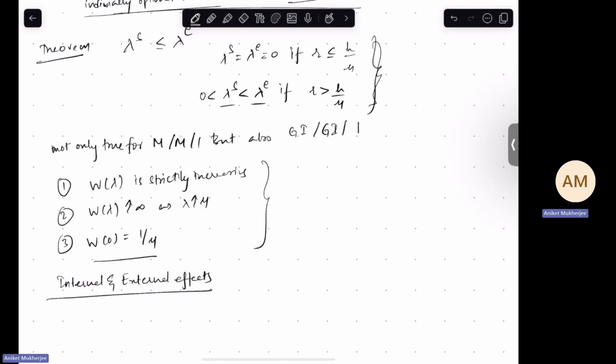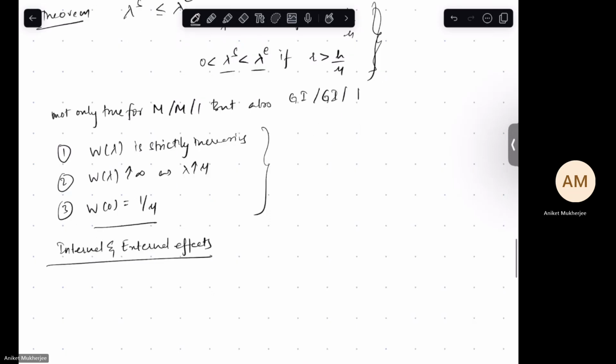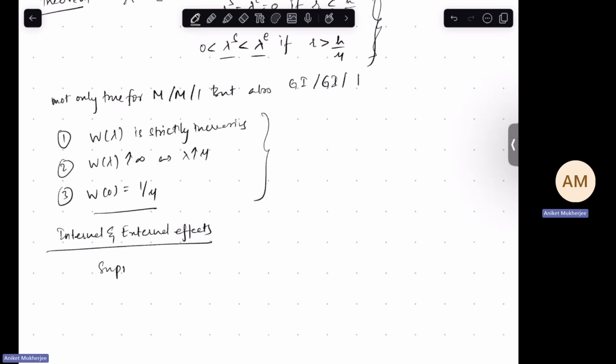So what actually happens inside? So now let's suppose R is greater than H by mu, right?